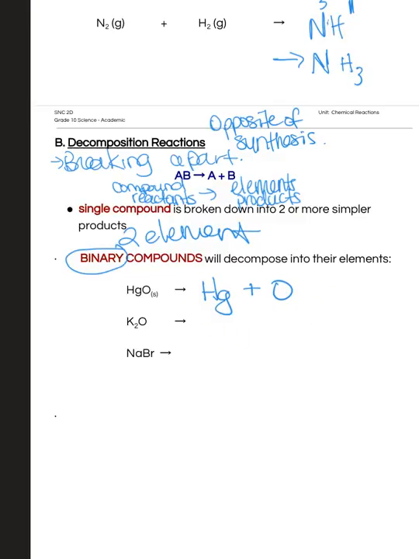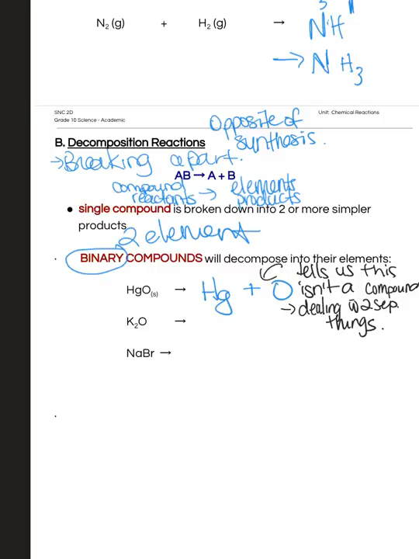So this plus sign, its whole job is to tell us that this isn't a compound, and rather, I'm dealing with 2 separate things. And in fact, 2 separate elements, okay?